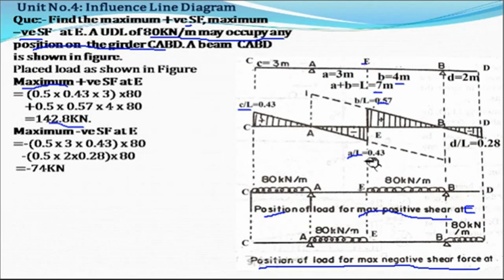So here it will be minus 1/2, length is 3, height is 0.43, multiplied by the intensity of load 80. Next this triangle, 1/2, length is 2, height is 0.28, into the intensity of loading 80. So we get the value as minus 74 kilonewton.